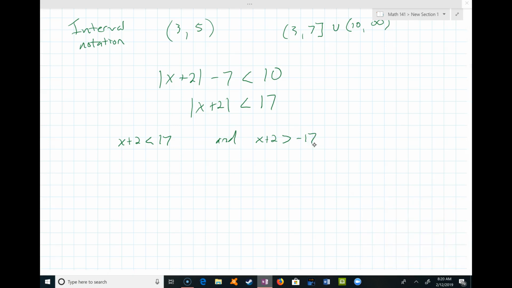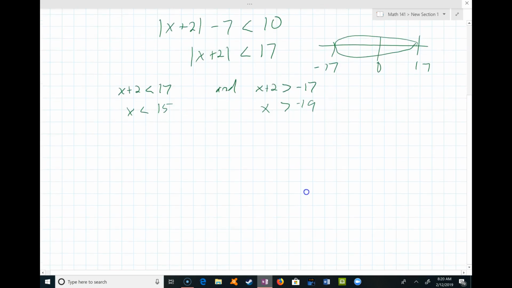So that's what this is describing, that if you think about the number line, here's 0, here's 17, here's negative 17. So to say the absolute value of something is less than 17, it means it's in this area right here. And notice that that describes that area. Okay, so then we just solve both of these. So that would be x is less than 15, and this would be x is greater than negative 19.